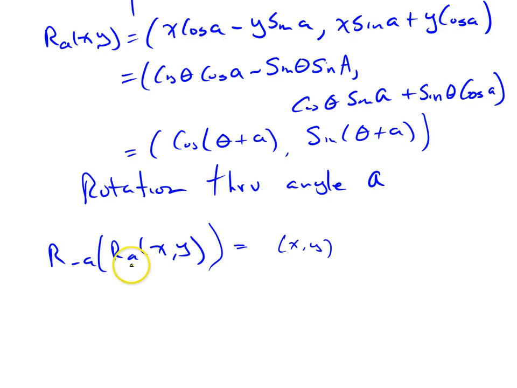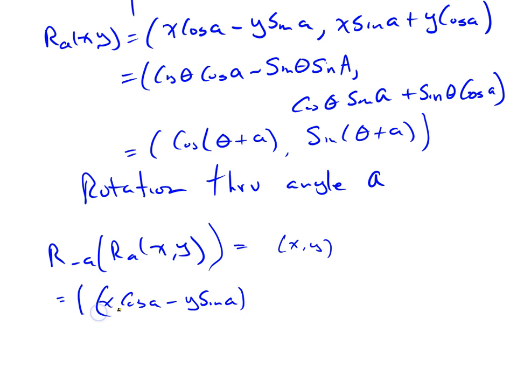So this stuff is equal to x times cosine of, I'm going to use a negative A this time. So the x, though, is this whole thing. I've got x cos A minus y sine A. That's the x coordinate of this output.